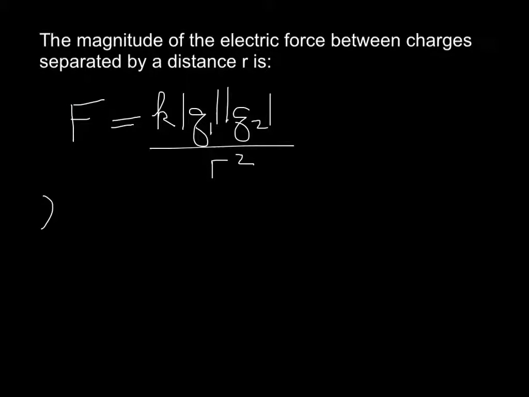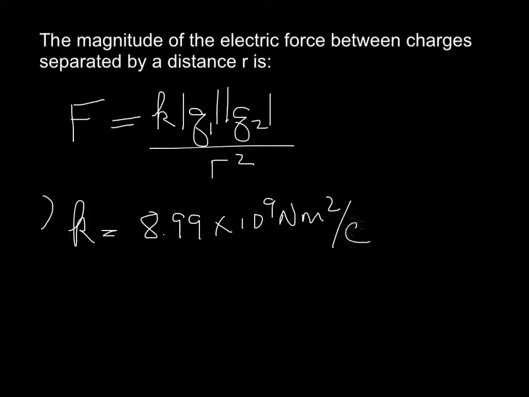So the magnitude of this force is directly proportional to the product of the two charges and inversely proportional to the square of the distance between the two charges. So Q1 and Q2 are the two charges, and R is the separation distance between the two charges, and K is a constant we know as Coulomb's constant, and is actually 8.99 times 10 to the 9th newton meters squared per coulomb squared.